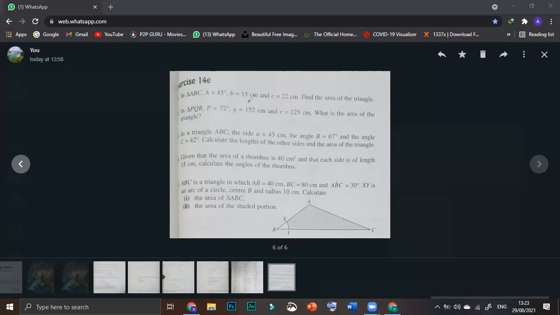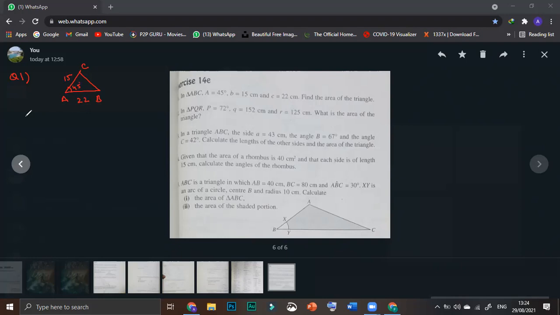First of all, we will draw this triangle. Angle A is 45 degrees. The side B is 15 and C is 22. Now you can see that we have two sides and included angle.